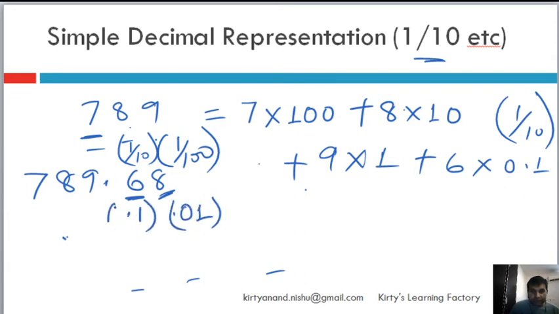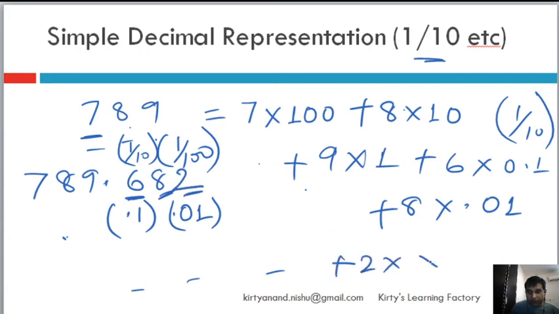Same thing, 1 by 10, when you do the division, you will get 0.1. 1 by 100, you will get 0.01, right? Plus 8 into 0.01. We can also extend it, like we can put another digit here, 2 into 0.001. It is the thousandth place, right?